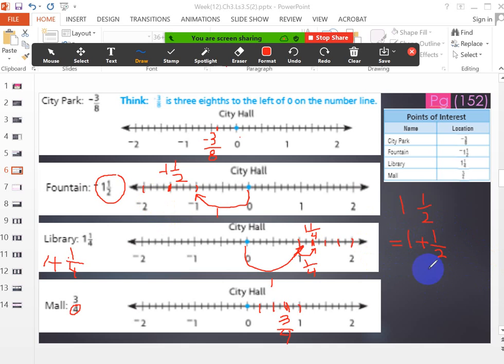This fraction is 1 over 2, that means a half. I have to divide the distance between two wholes into two parts. 1 over 2 means I will jump only one part of 2. This is 1 over 2. That means this number is -1 and 1 over 2, 1 and a half, 1.5.